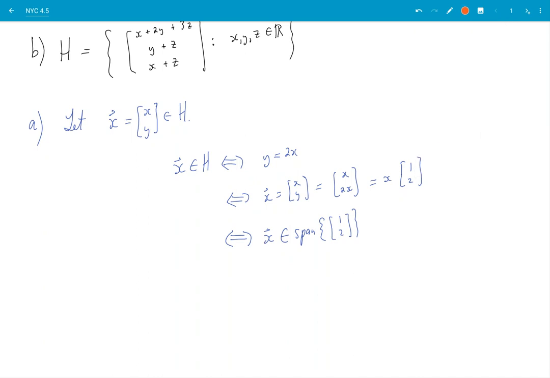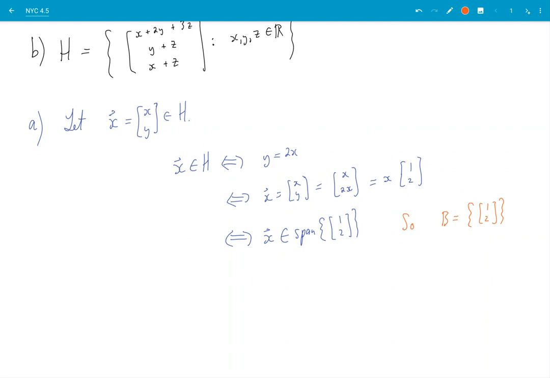So it looks like this finite set is our candidate for a basis for H.